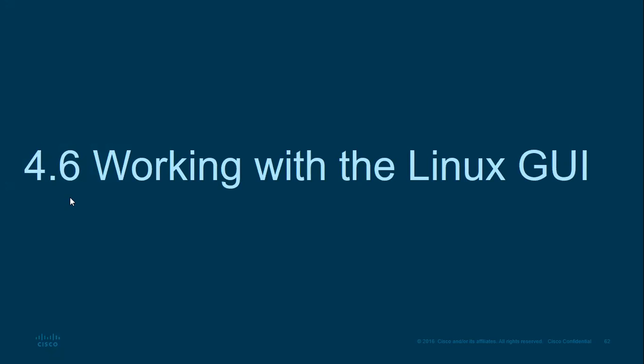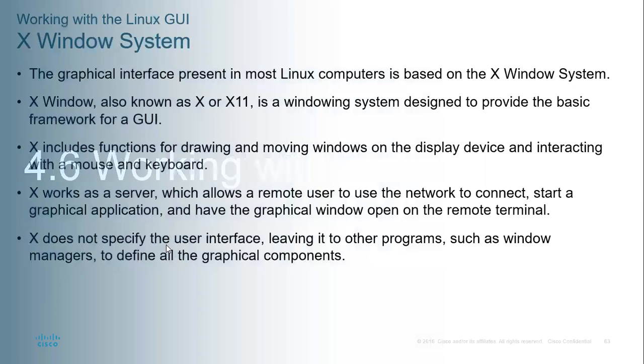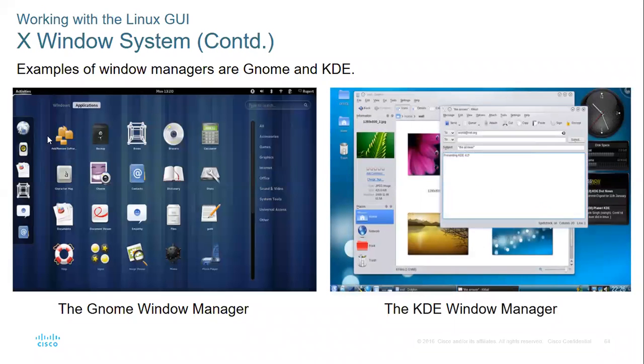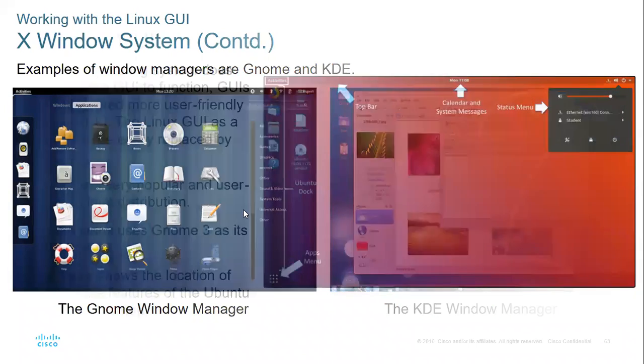Okay. I think this will be our last section, working with the Linux GUI. We can manage a Linux machine either using CLI or using GUI, and this GUI in Linux is called X or X11. So this is the graphical user interface for Linux, and this is GNOME, and then this is KDE.